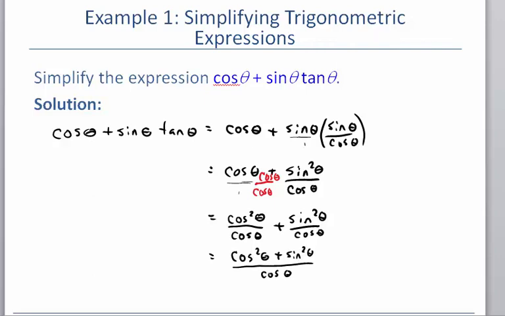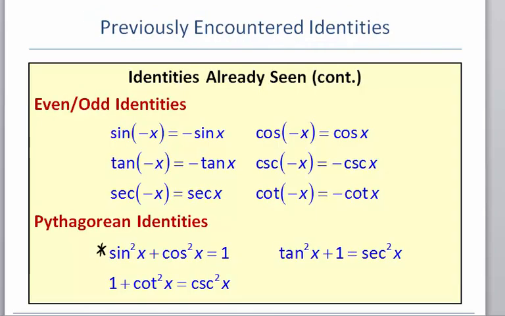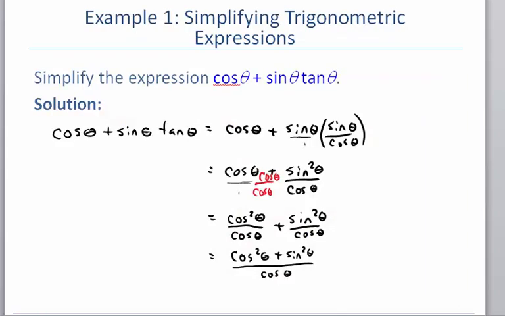Now, when I look at the numerator of this fraction, the cosine squared plus sine squared looks familiar to me. Remember that that is this identity, sine squared plus cosine squared, and we know that that's equal to 1. So I'm going to go back to my problem, and in place of sine squared plus cosine squared, I'm going to put a 1. And we'll leave the denominator as is.